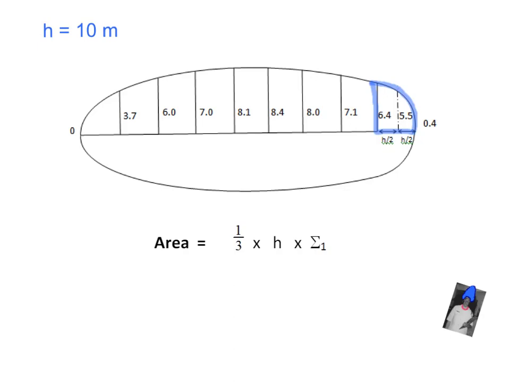Now when we calculate an area function, if you recall, we need to know the multipliers for the rule, and because we're using Simpson's first rule, the 1, 4, 1 will be our multipliers.